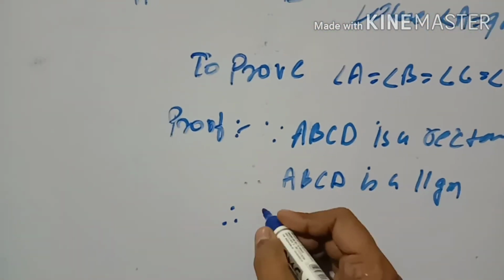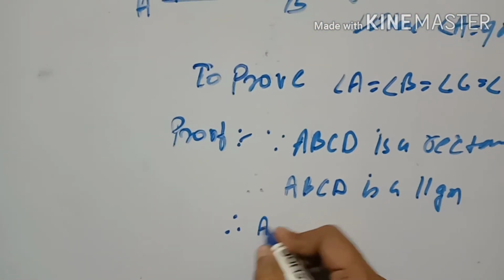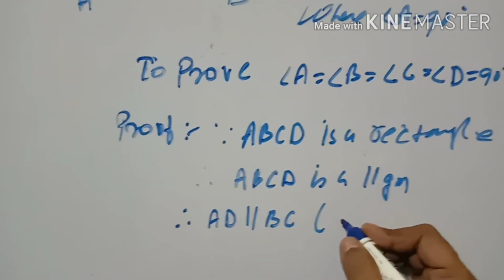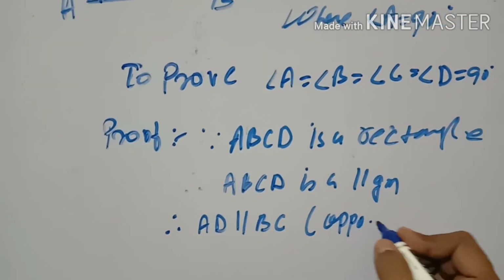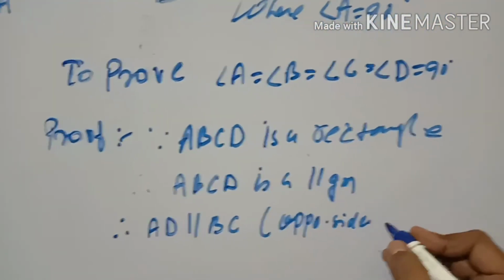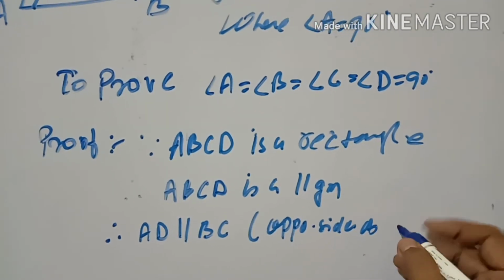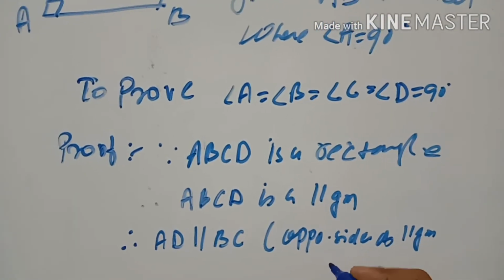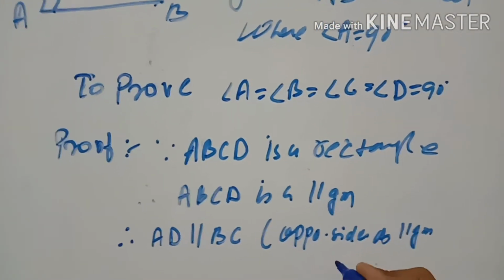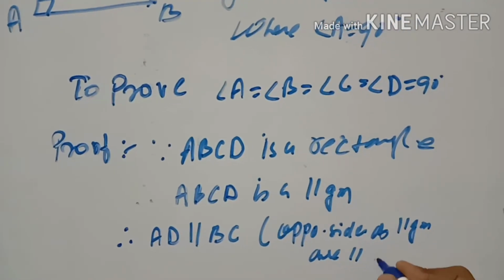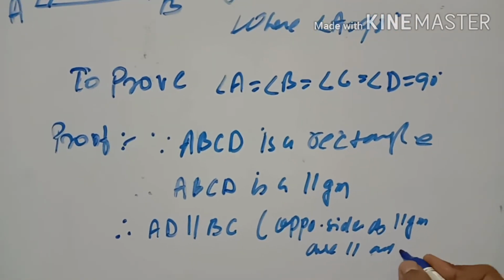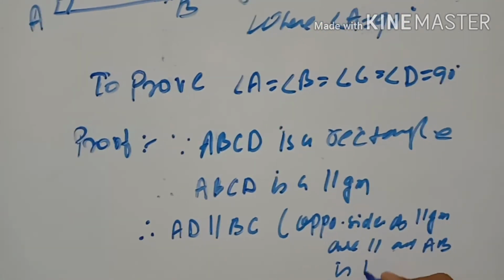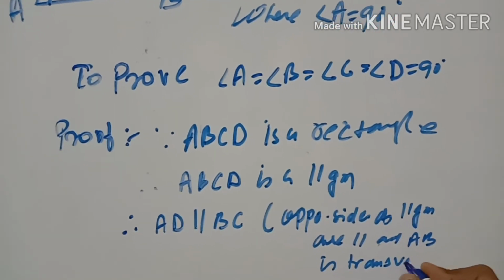Therefore, AD is parallel to BC, because opposite sides of a parallelogram are parallel, and AB is a transversal.